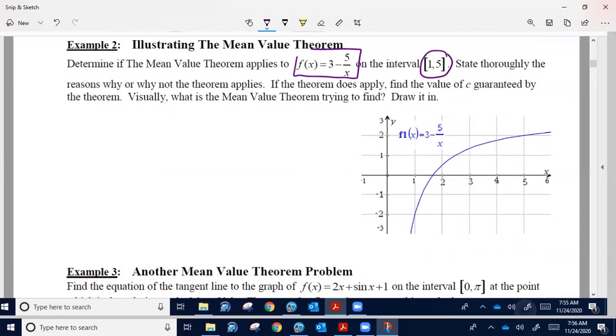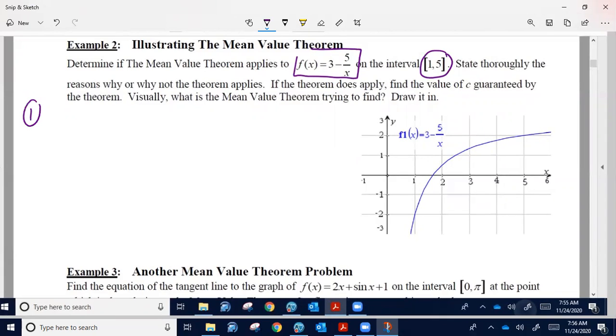on this interval. If mean value theorem is going to work, it has to be continuous on that closed interval. This does have a fraction. Fractions tend to give us problems. But with this fraction, the denominator can't be 0, and that's going to happen at x equals 0.